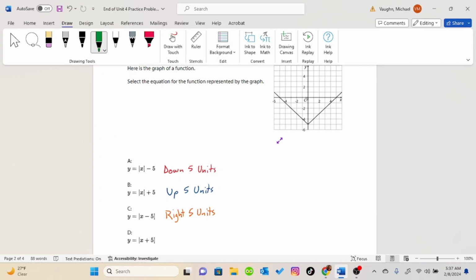And D has a +5 inside the absolute value symbols. So this represents a shift left 5 units. The generic function puts the vertex at the origin, making a V shape.